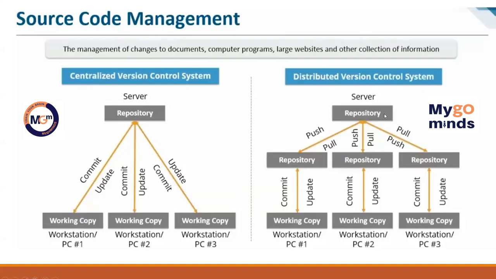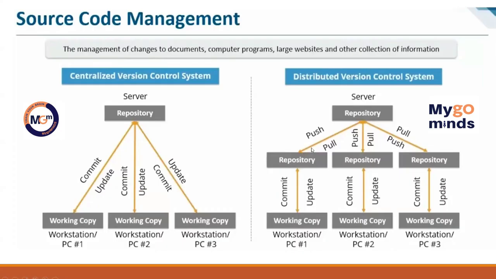So what are the advantages of the distributed version control system? Here we have a working copy, a local Git repository and a remote Git repository. From the workstation you update the code in the local repository.